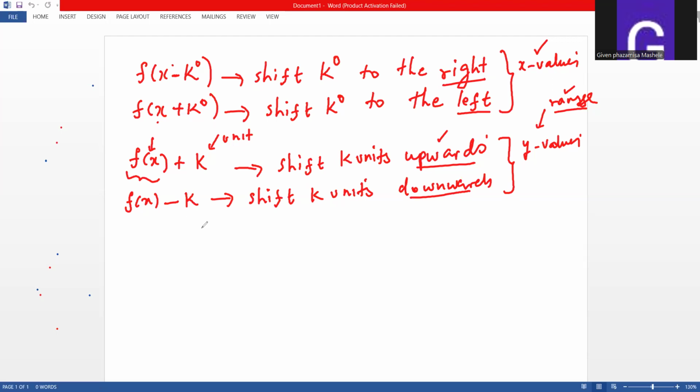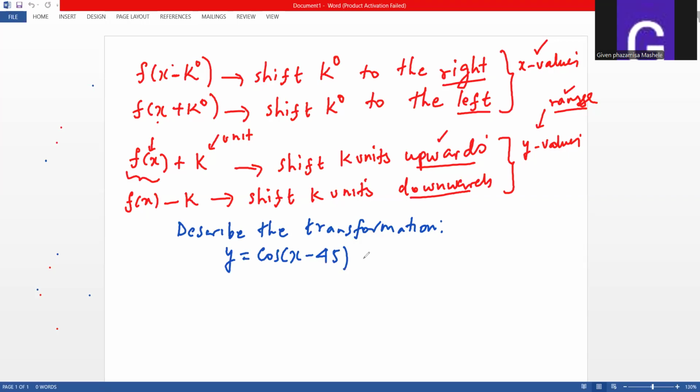If I say y equals cos of x minus 45, and I compare this graph with y equals cos x without the minus 45, the graph has shifted 45 degrees to the right, because this is now an angle.